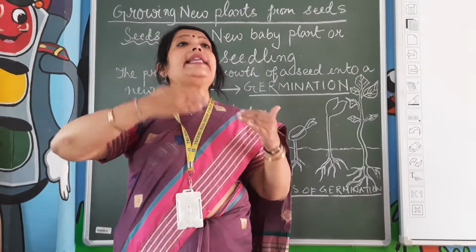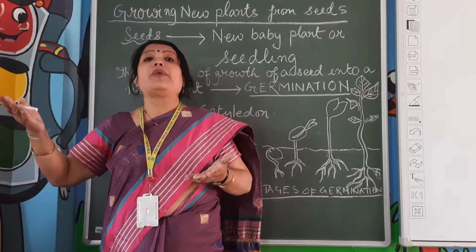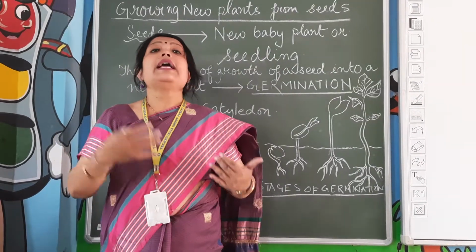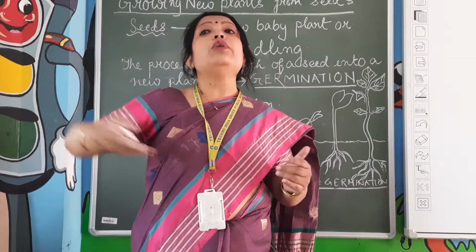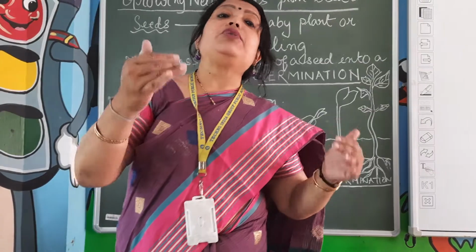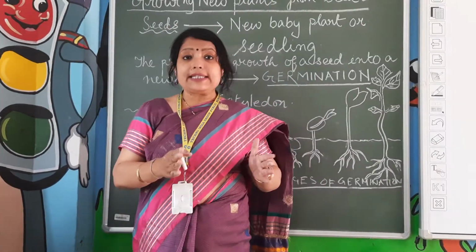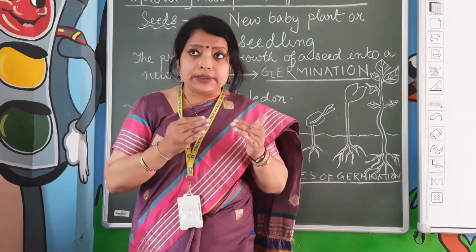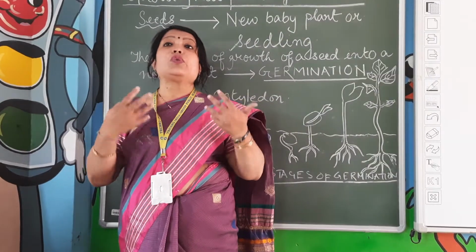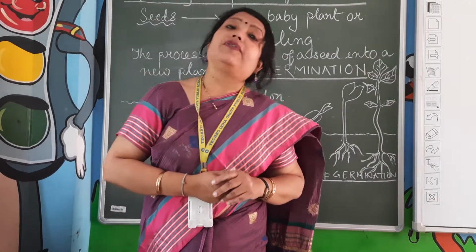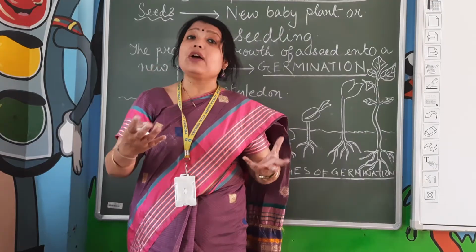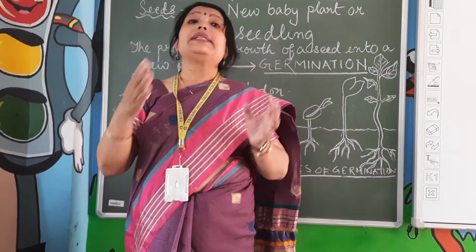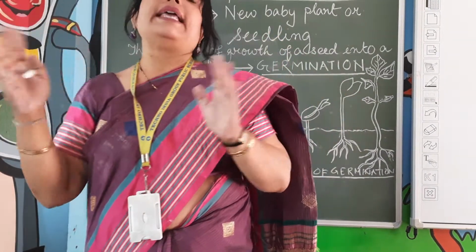Scattered means they need to go far away from the parent plant and develop into a new seedling, ultimately a new plant. This movement of the seeds is known as the dispersion or dispersal of seeds, which we will study in detail in the next class.